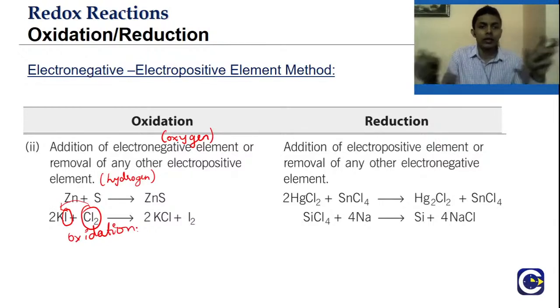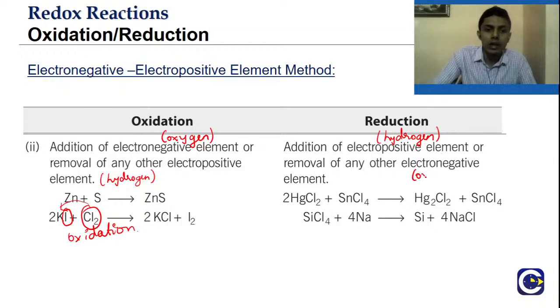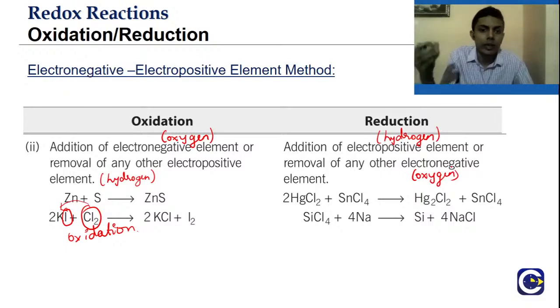Whereas reduction is addition of electropositive element or removal of any other electronegative element. Just like addition of hydrogen, or removal of oxygen. If you are removing oxygen, it is reduction. Same way, if you are removing electronegative element, it is reduction.